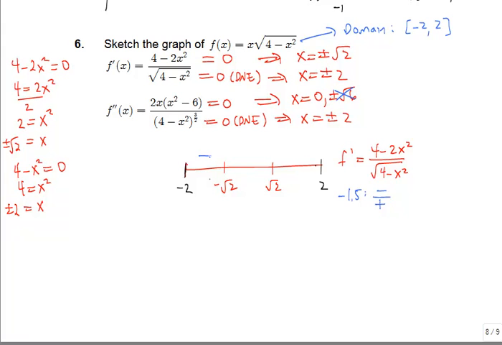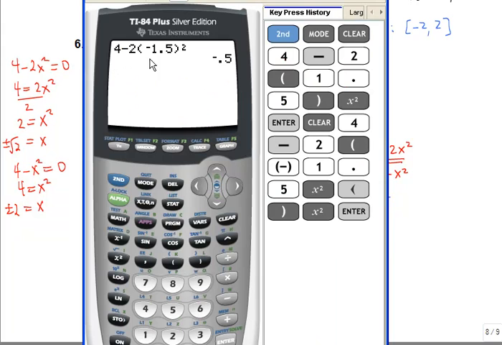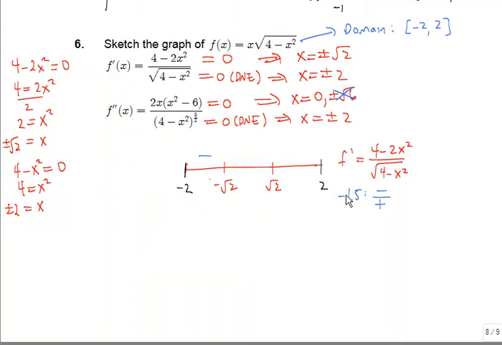So this is going to be minus. If I plug in positive 1.5 into my calculator, it's going to give me exactly the same result, because this negative in front of the 1.5 will get squared away anyway. So when I do positive 1.5, this will also be minus. If we tested 0, 4 minus 0 is positive, and the bottom is positive, so this will be plus. So there's my signs for that first derivative.